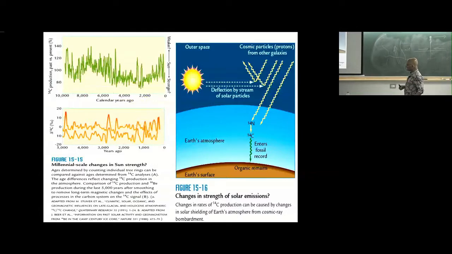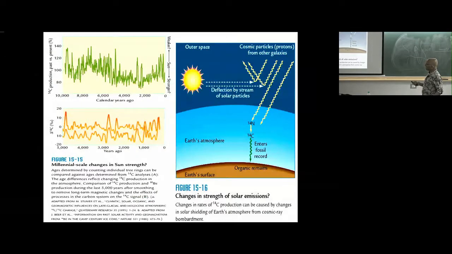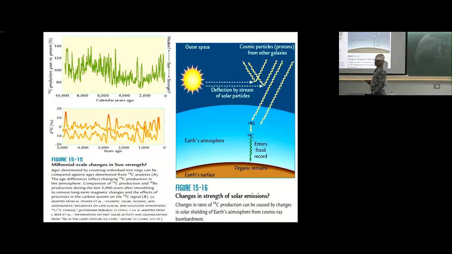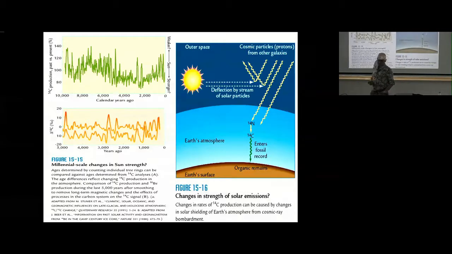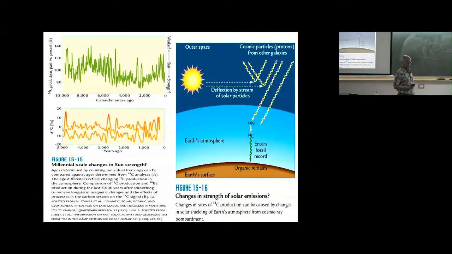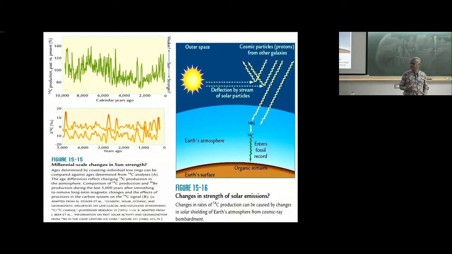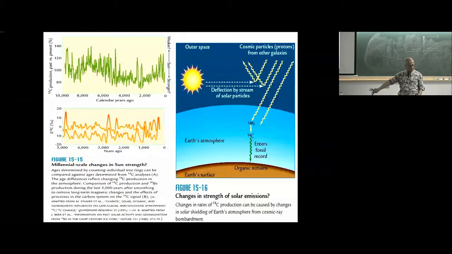What are the hypotheses? Are there any millennial scale changes in sun strength? If you look at the C14 production, when we said C14 is an age tracer, we said there is constant bombardment of nitrogen by cosmic rays, and the background concentration of C14 is approximately constant, and that is why we can date C14 in the ocean and so on, or in organic matter as it decays, because we can compare it to a standard.